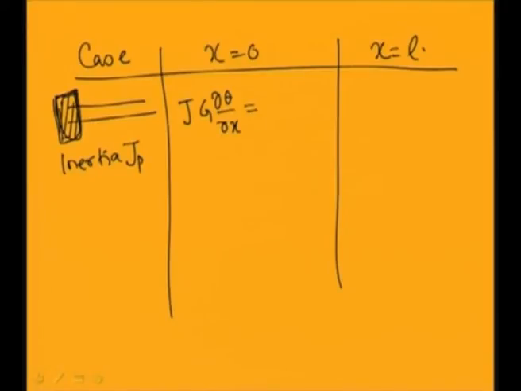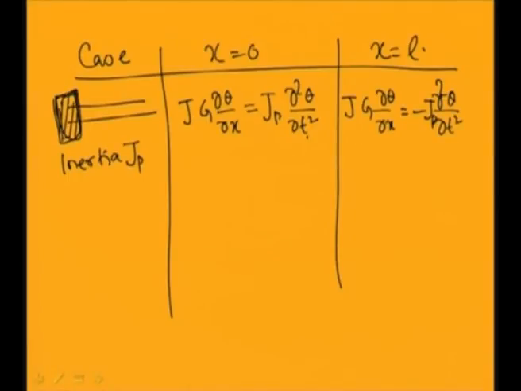The inertia torque will be J p into del square theta by del t square. Similarly, on the right side G J del theta by del x will be equal to minus J p del square theta by del t square.